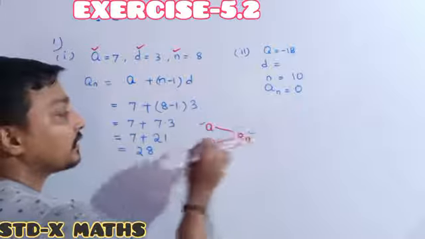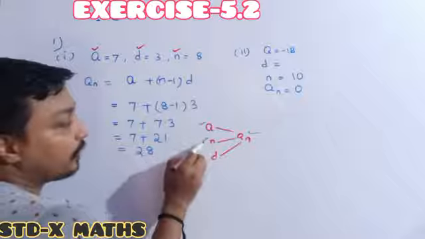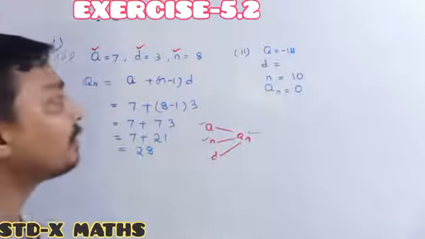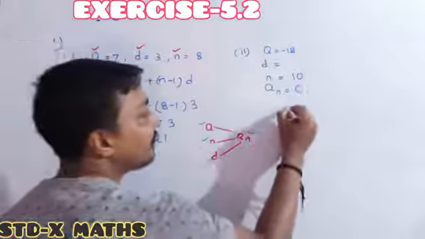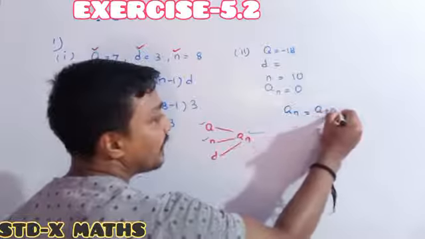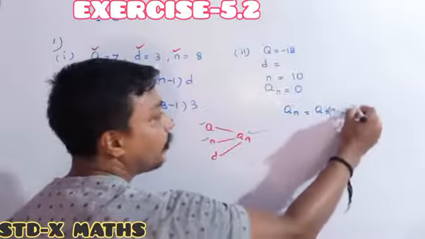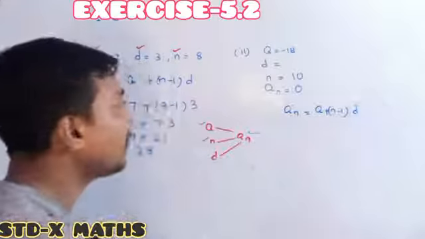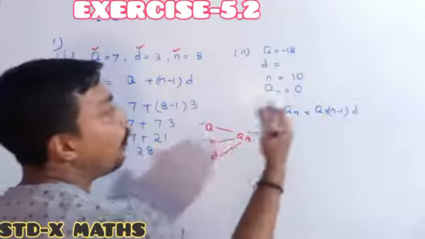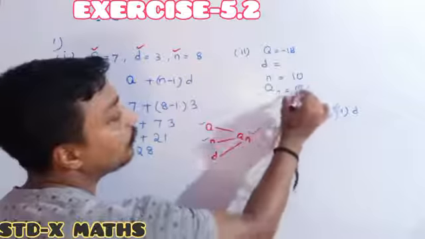See, in the second question, how to find out the D. The trick is, the value of the other two, whenever you put them in the equation of AN. Everyone knows the equation of AN is equal to A plus N minus 1 whole into D. Whenever the rest of the three are given, you only have to put in the values which are given.